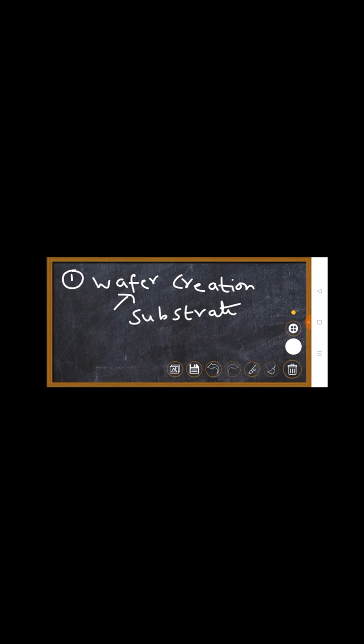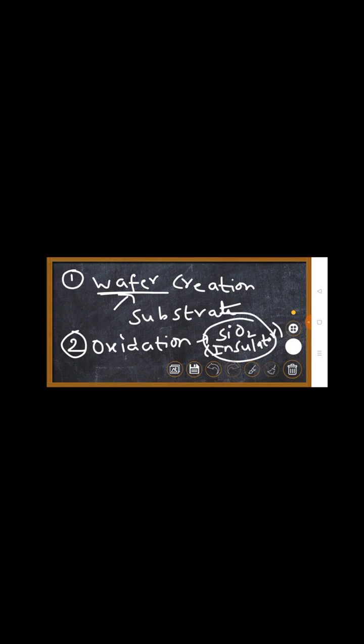Now the second step is oxidation. Don't forget, in this oxidation we are going to form a layer which is known as silicon dioxide layer. It can be used as insulator, to separate your substrate from further layers. Thus this insulator is known as silicon dioxide.